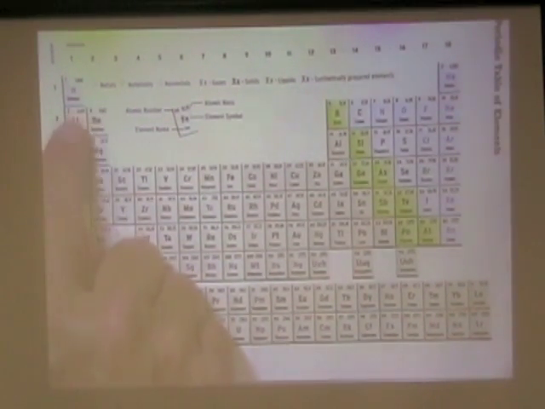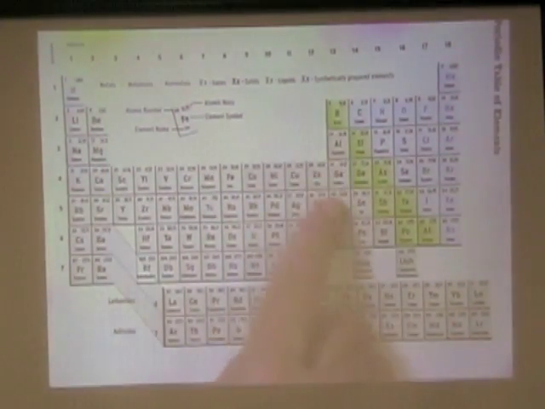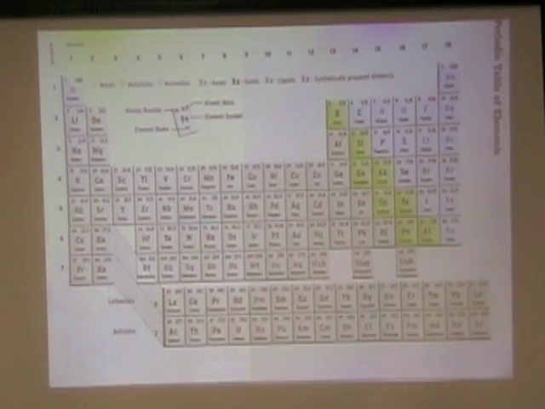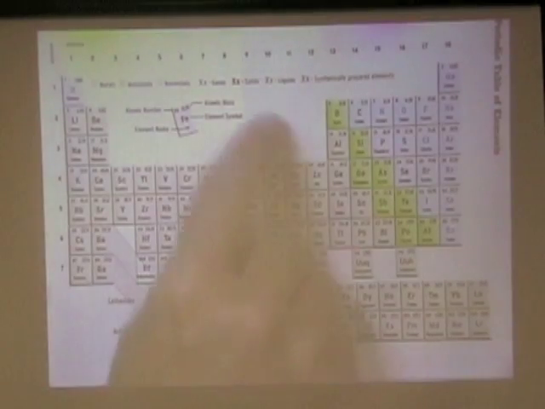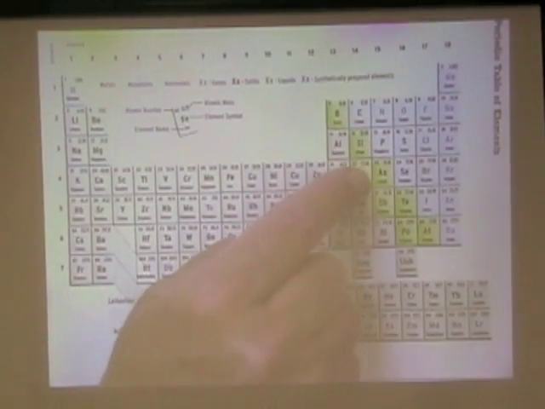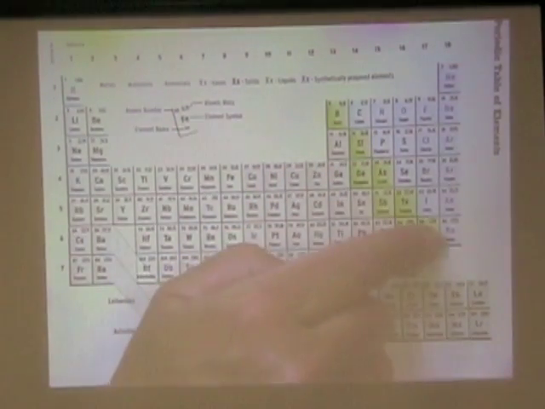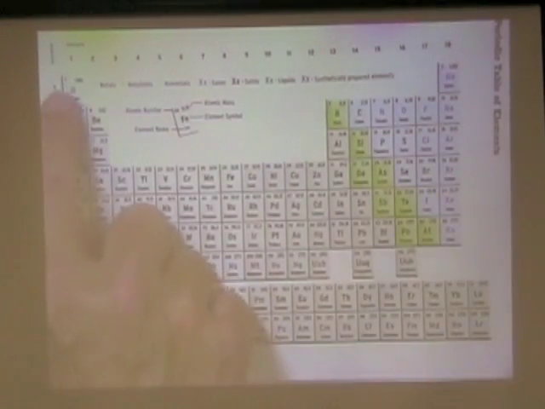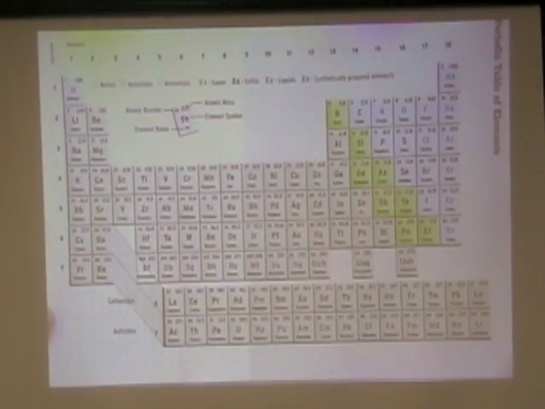Okay, so everything that is in gray are metals. These are the semi-metals in chartreuse, or the metalloids. And then shaded in blue are all of the non-metals.